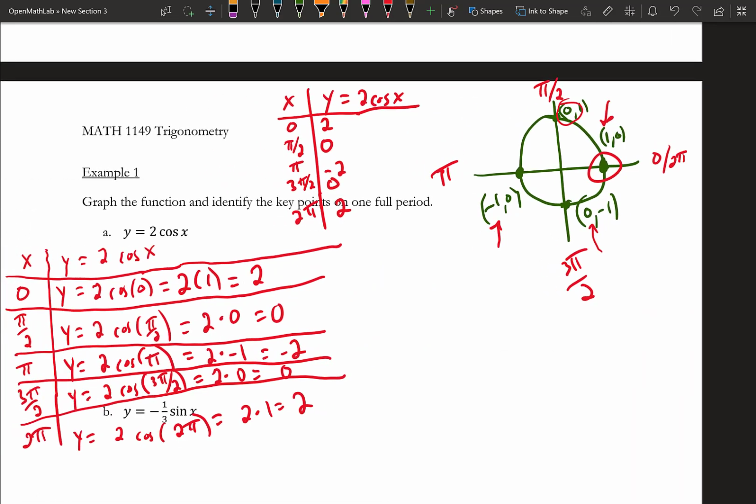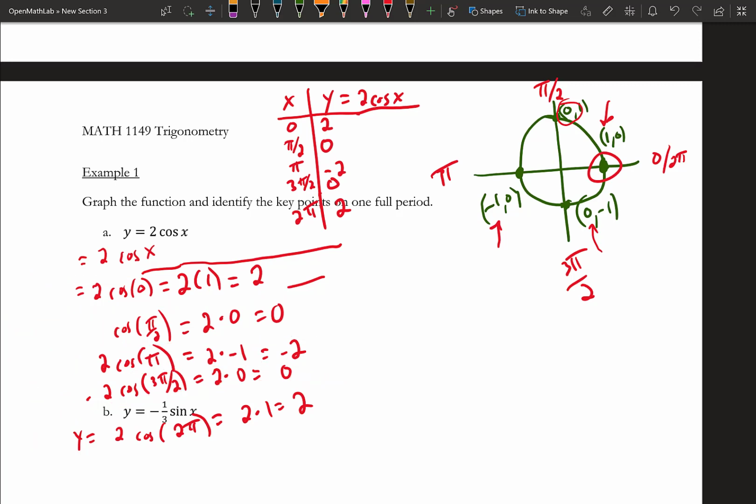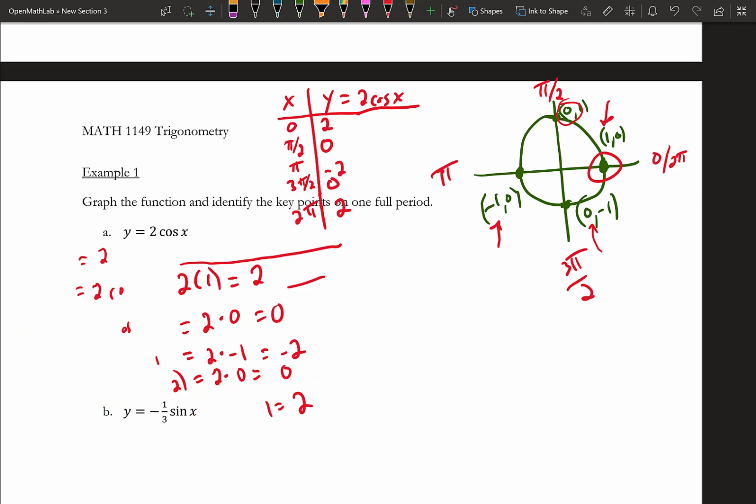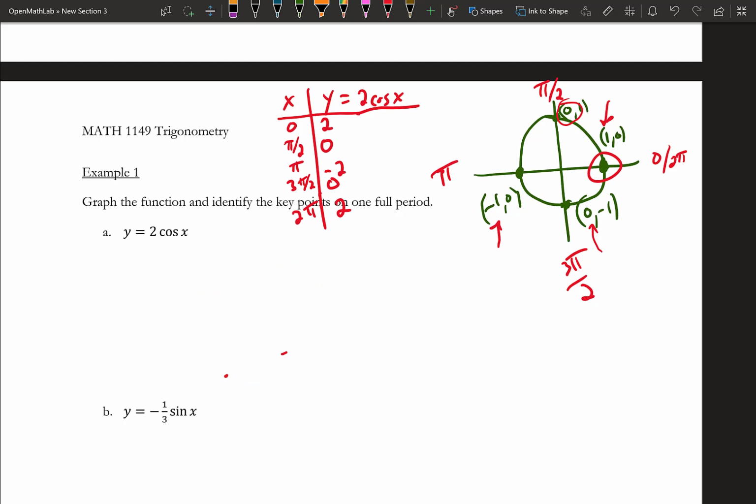All right, so I'll just erase this table because it's going to be in the way for part B anyway. And I'll draw the graph here in its spot. So that's why I wanted to draw that cleaner version. So notice my y values go in between 2 and -2. So I'll label those.